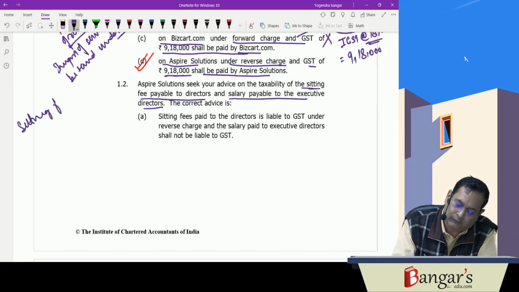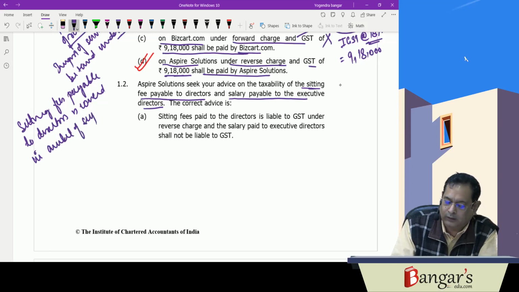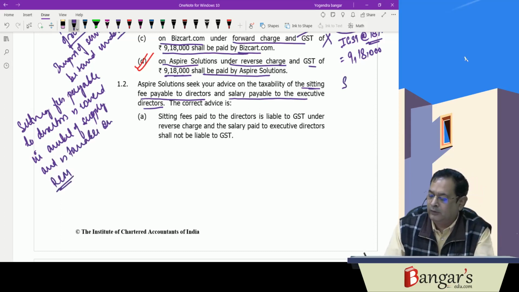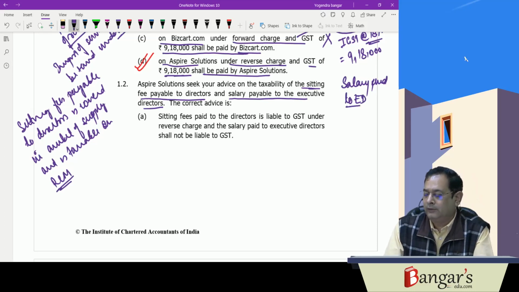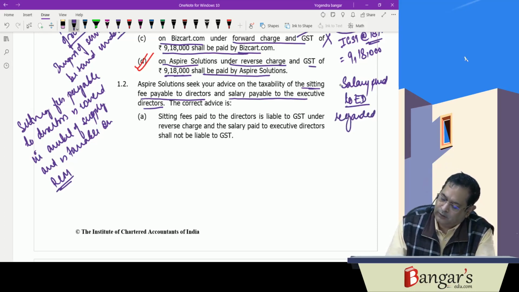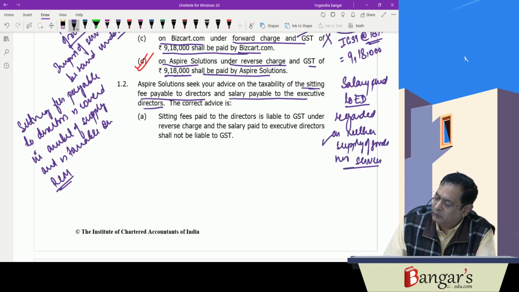Sitting fees payable to directors is covered in the ambit of supply and is taxable on RCM, whereas salary paid to executive directors, a circular has been issued in this regard, will be regarded as neither supply of goods nor services, not leviable to GST.